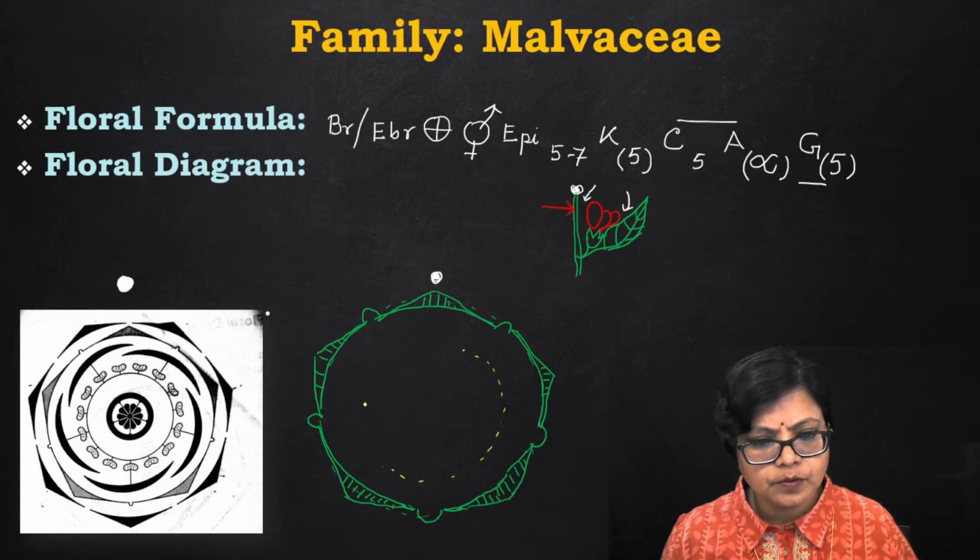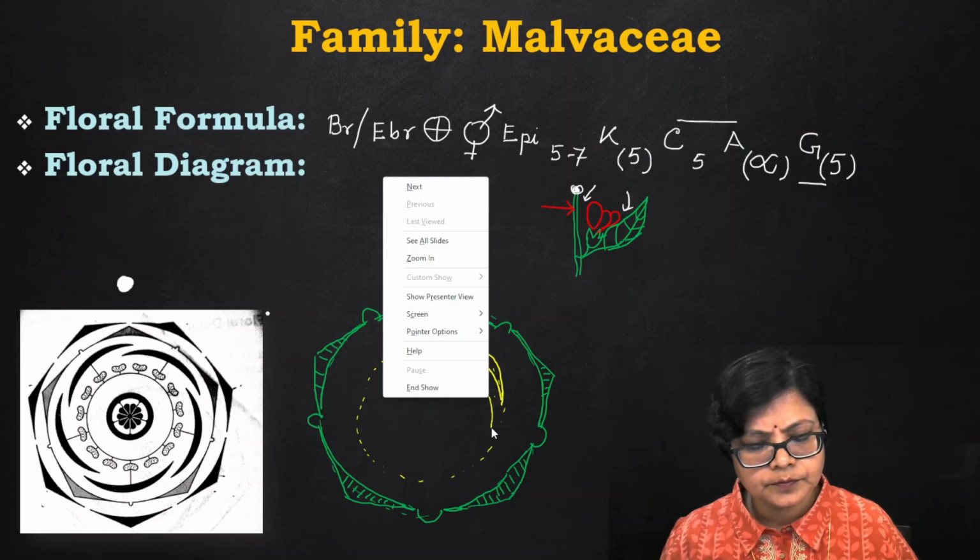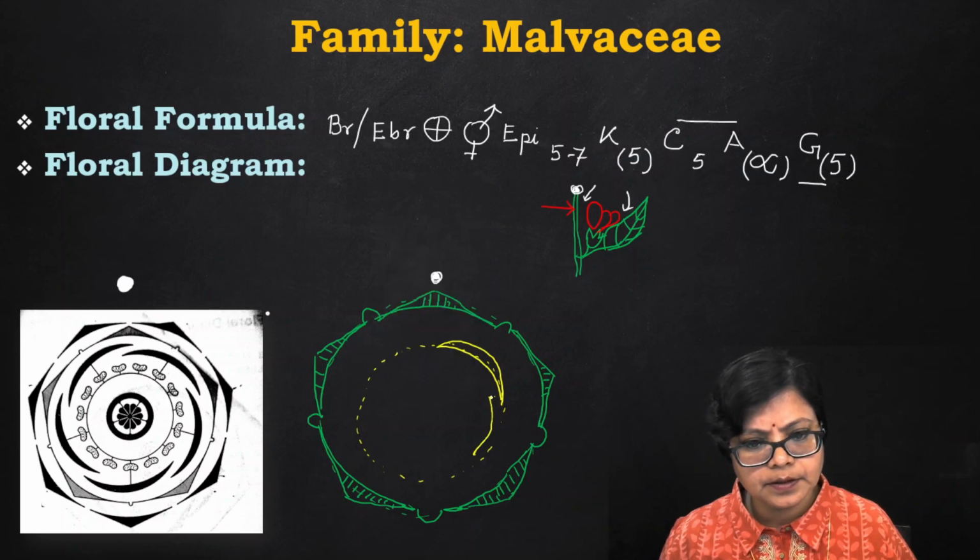Corolla. Corolla, what have we learned? That is, the petals are alternating with the sepals and twisted estivation. So one side is in and one side is out. The next one, this side is in, so this side will be out.